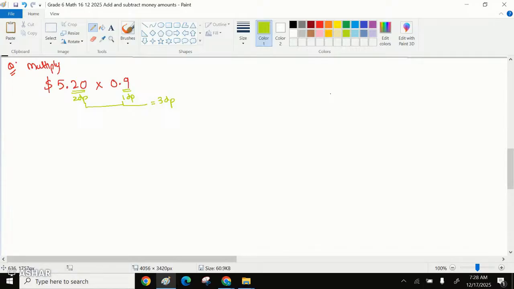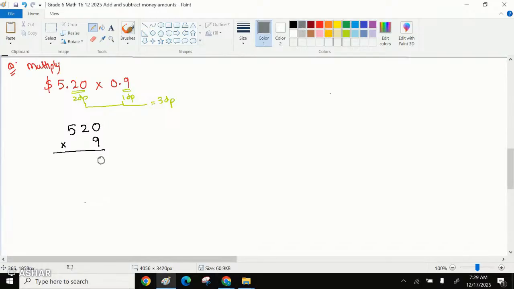Now let's see what would be our answer if we consider these numbers as whole numbers. 520 is multiplied by 9. We know that any number when multiplied by a 0 stays a 0.